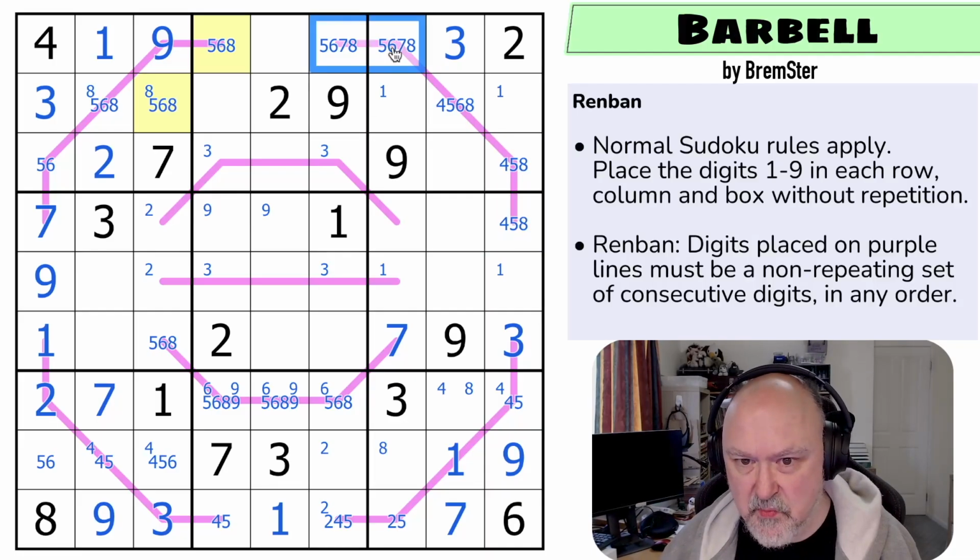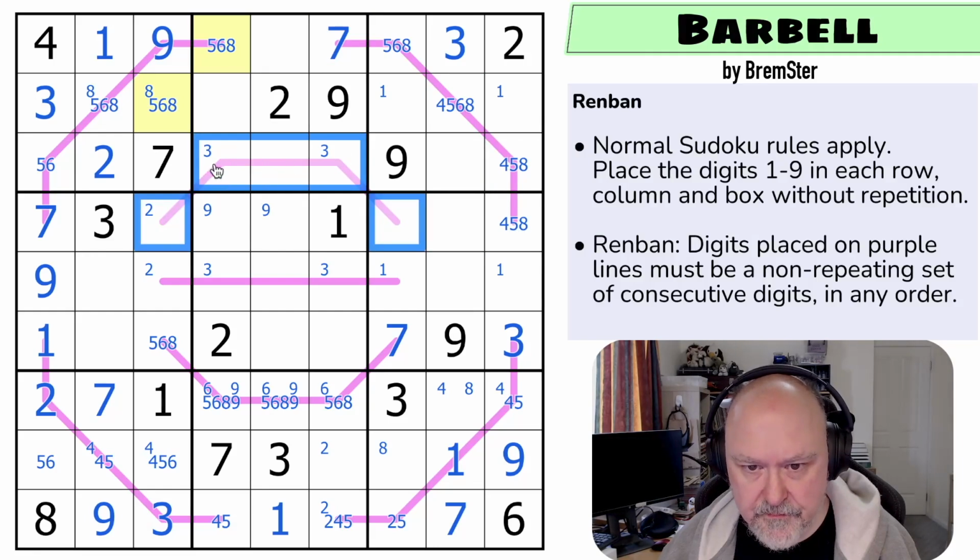So 7 is in one of those two. And it's not there. That's a 7. 4, 5, 6, 8. That's how I got that 3, by 7 being eliminated from this line.